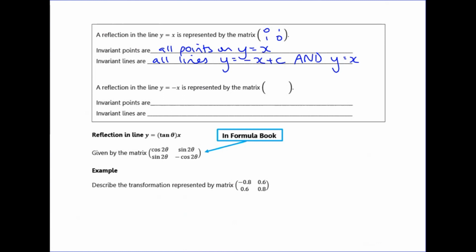And reflection in the line y equals minus x, we said, is this matrix, (0, minus 1), (minus 1, 0). Invariant points along this are all points on the line y equals minus x.